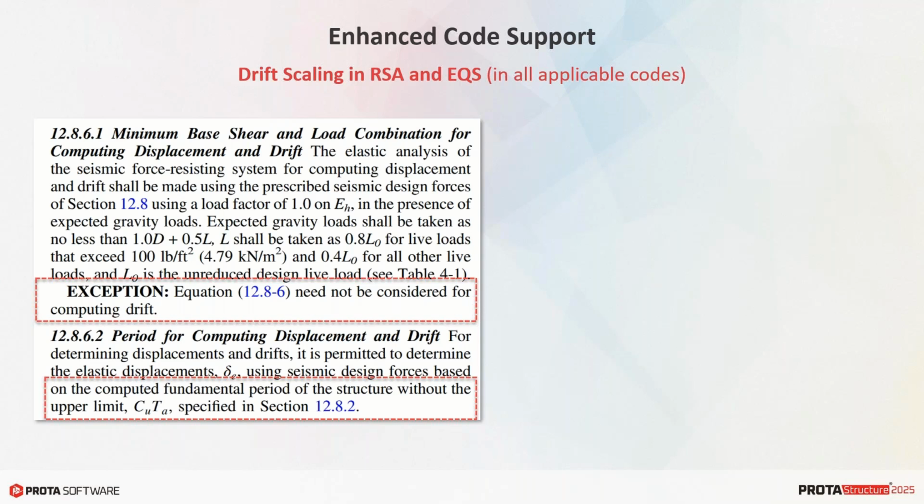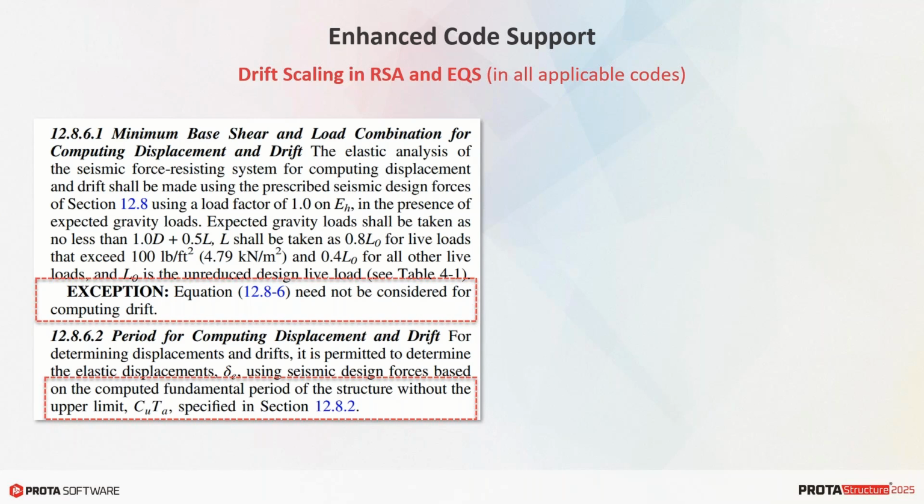Seismic codes usually allow the relative drift checks to ignore minimum base shear and maximum period limitations in the equivalent static load approach. This is in fact based on observations in past earthquakes and on the fact that tall buildings are more drift controlled rather than force controlled.